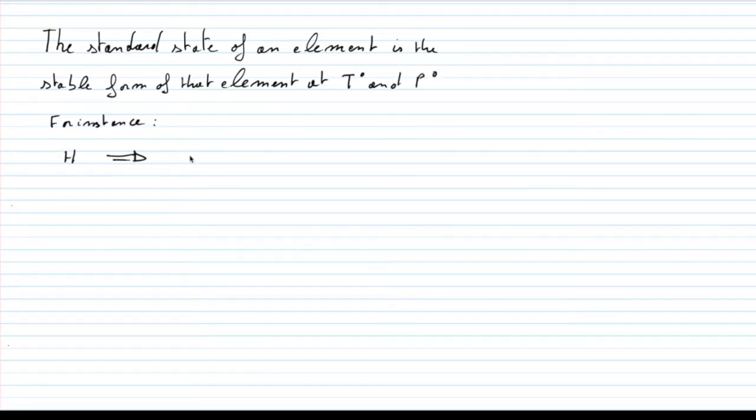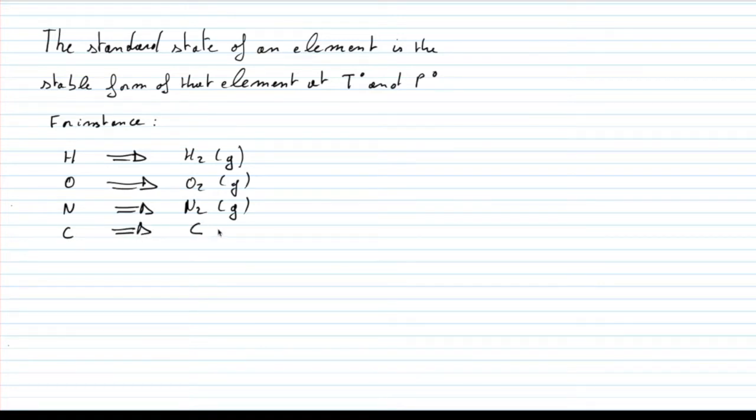So in combustion, you mainly have 4 elements: hydrogen, oxygen, nitrogen, and carbon. For hydrogen, the stable form is H2 in gaseous form. For oxygen, it's O2 in gaseous form too. For nitrogen it is N2, again in gaseous form, whereas for carbon it is carbon, but in solid graphite form.